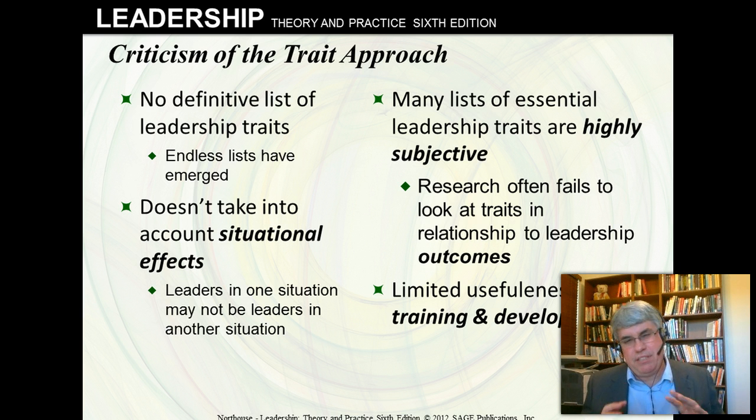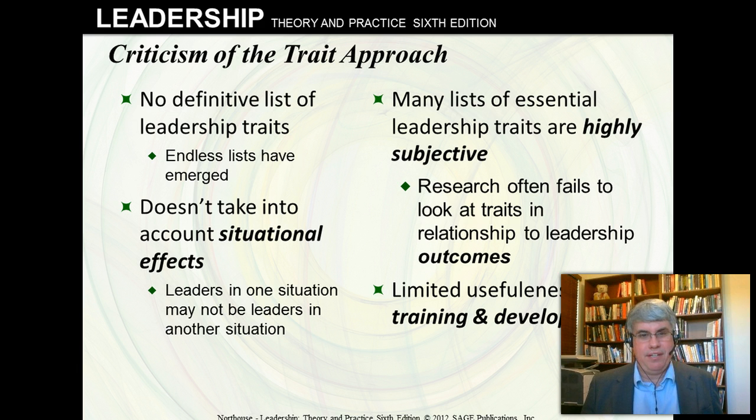Others seem to depend so much on the context. And that's because it doesn't take into account the situational effects. Different skills, different traits, different behaviors are necessary in different contexts due to the situation. And so leaders who are really effective in one situation might not be leaders in another situation.